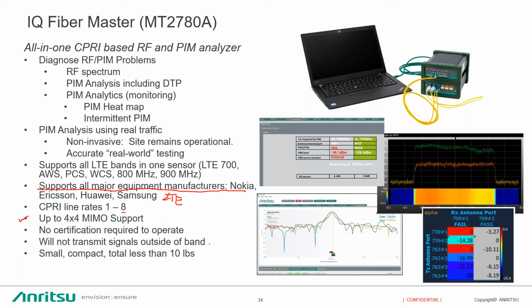So let's say you've got a scenario where the 1800 is clashing and throwing an IM product in your 700, and you need to transmit, but you don't have a particular frequency, so you're using maybe another operator's frequency. It won't transmit outside that band, because we're using the radio head to transmit. And then it's small, light, and compact, less than 10 pounds, very easy, very simple to use. You can leave it in the hut.